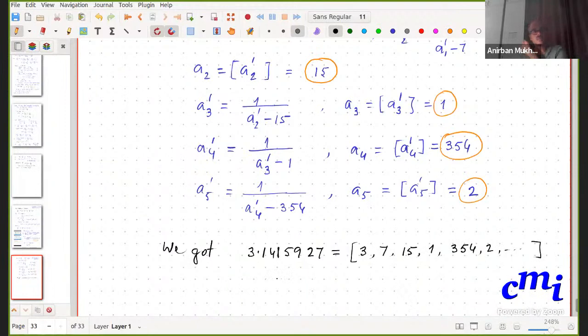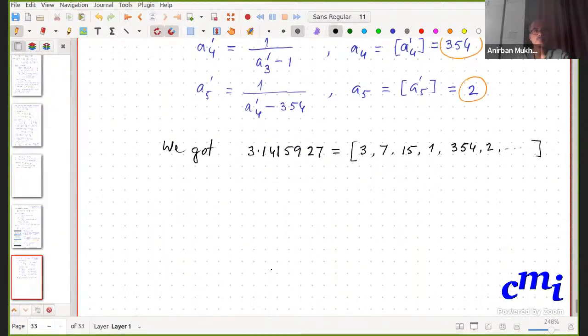Of course, the number we are considering is a rational number. We have terminated the decimal expansion of pi at the 7th decimal. So what we have on the left hand side is a rational number. Therefore, the continued fraction expansion is going to be finite. It's going to terminate. But let's look at the first few convergents.